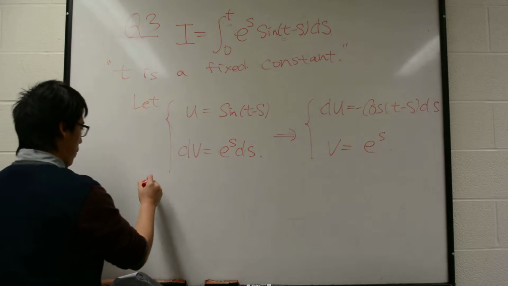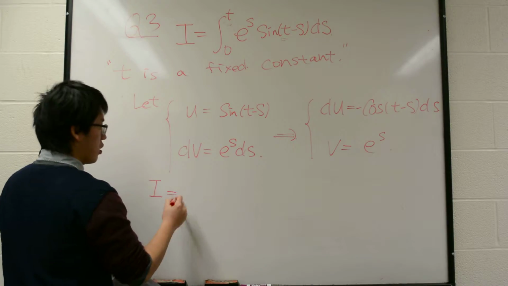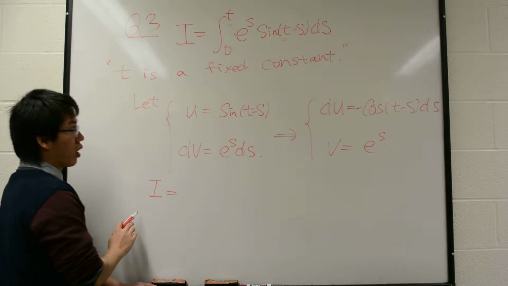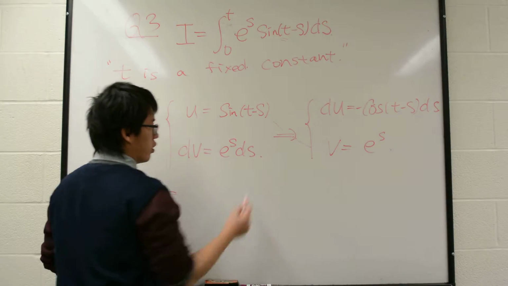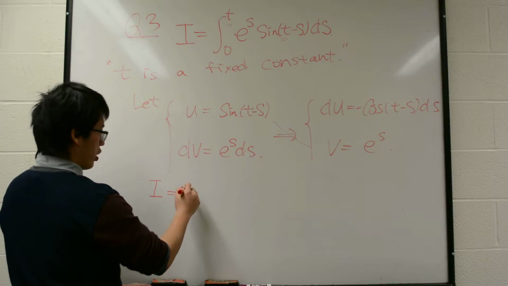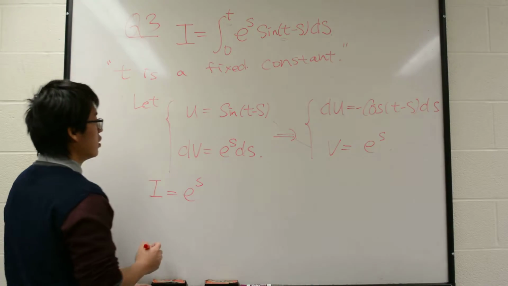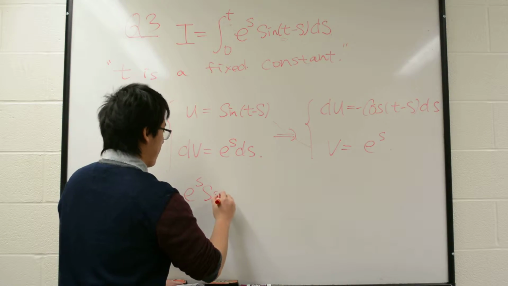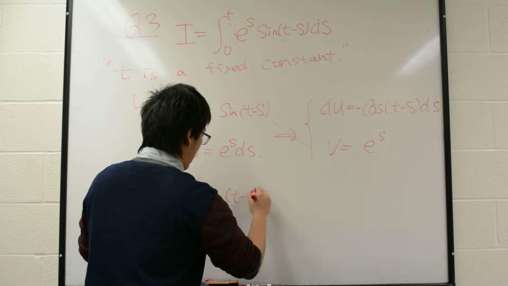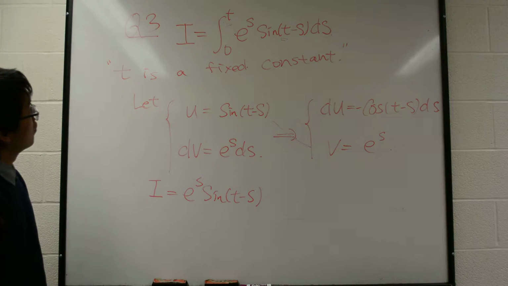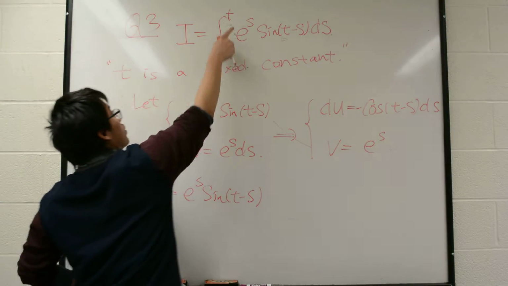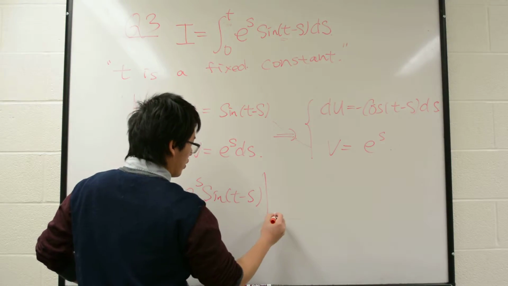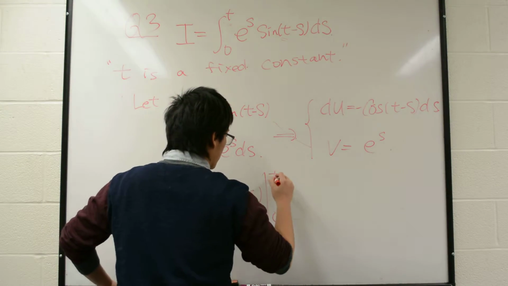Okay, so integrating by parts tells us I, which is our integral, is uv, which is e to the s sine(t minus s), and don't forget, we are integrating from 0 to t, so we take the value from 0 to t.